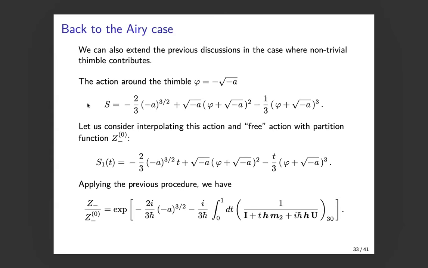When we take t equals 0, we just consider the quadratic term of this part. So we just consider the interpolation of this theory and this theory. Then we denote the partition function whose action is given by this by Z minus 0. And applying our formula, we have this form of calculation.